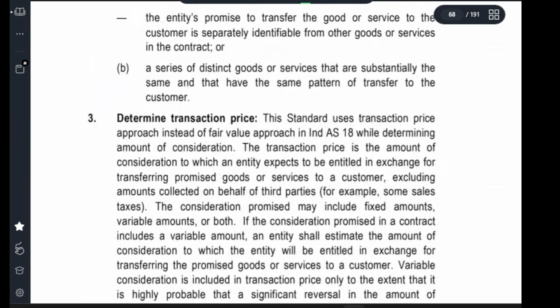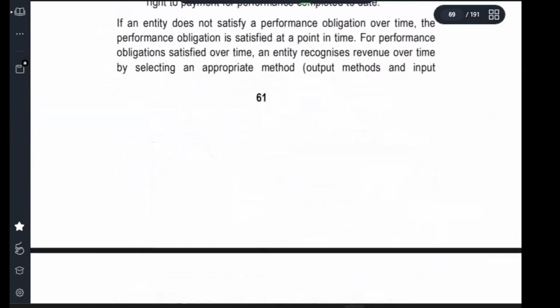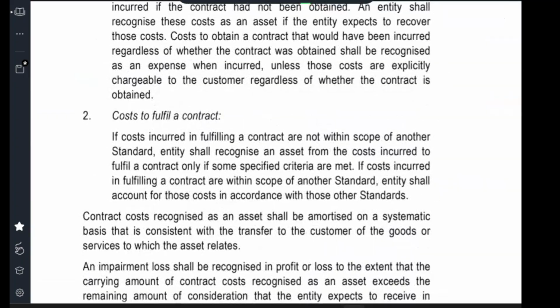In these cases, that accounting standard will rule. We can't say that as per the construction contract we can recognize revenue for the contract. As per that standard, you should recognize that revenue.